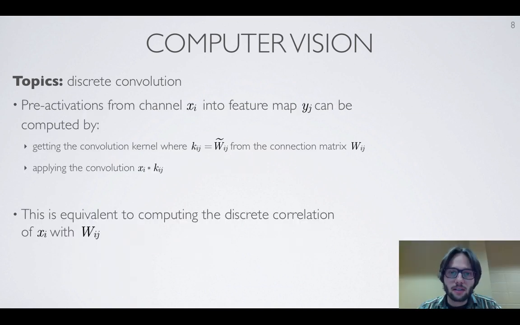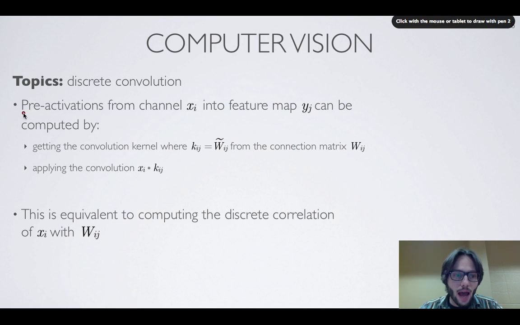We notice that this convolution operation, where we're taking a kernel and placing it in all positions in the image, and then doing these element-wise multiplications with a sum, is very similar to the types of operations we have to do when computing pre-activations in a feed-forward convolutional neural network. And it turns out that indeed we can convert what I described as the way we compute pre-activations, with convolutional neural network connectivity between layers, using a convolutional operation.